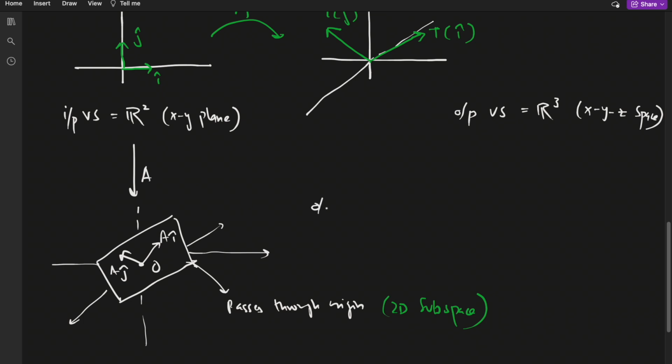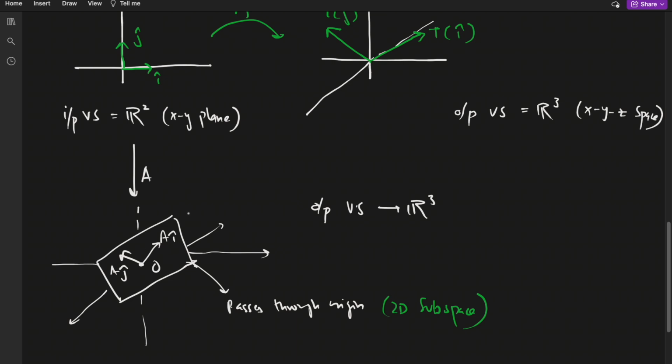The output vector space is R cube, that is 3D. But this plane containing the transformed A I hat and A J hat is still a plane because, see, it's very intuitive, right? Two vectors cannot give you a volume. Two linearly independent vectors always give a plane, always form R2. It can never form this thing, right?